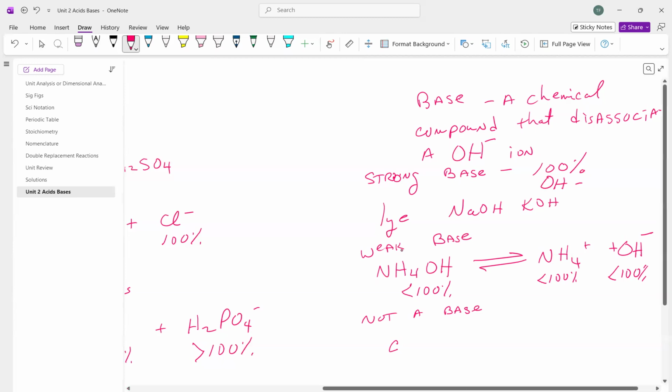If it's got an OH on it, it could potentially be a base. Now, alcohols, by definition, have the functional group OH. So you'd think, well, alcohols automatically become a base. However, none of them become a base because the OH doesn't dissociate, doesn't come off.